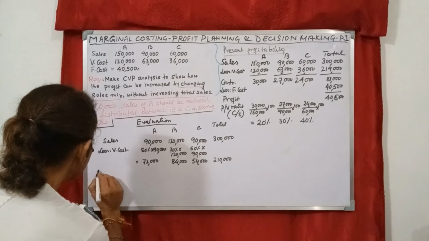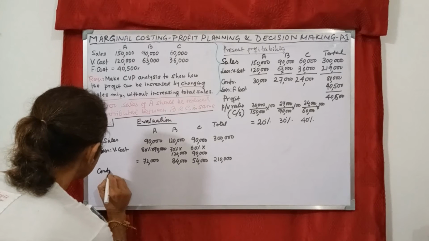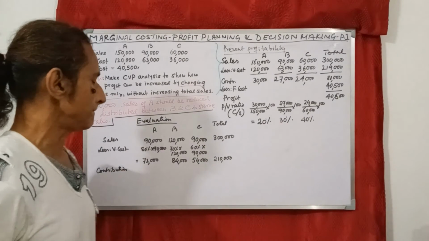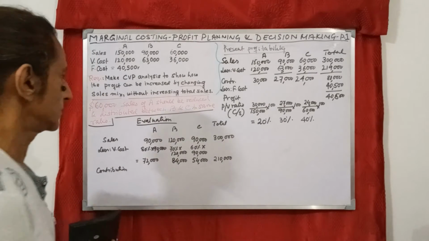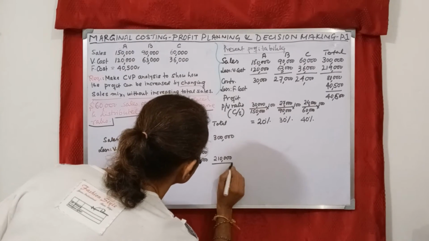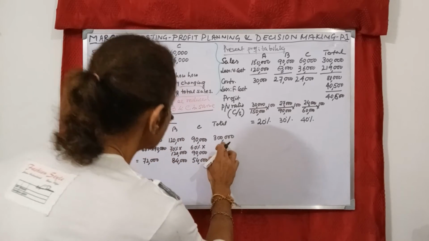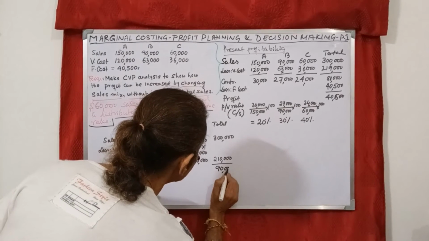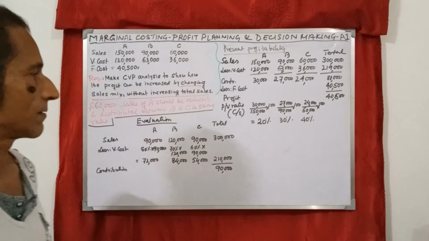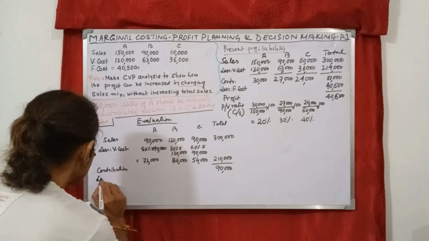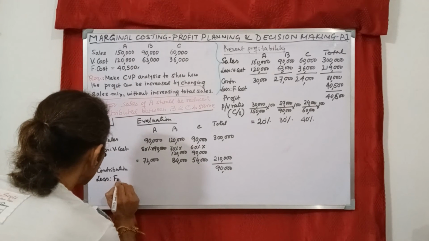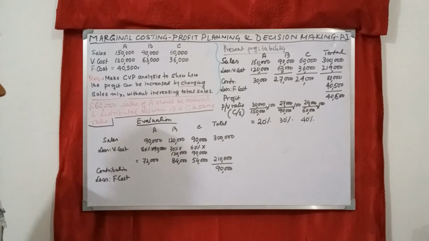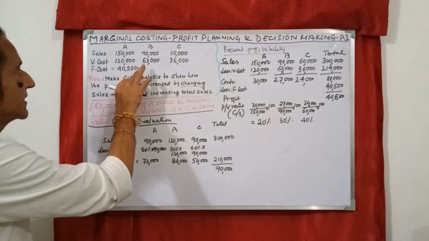So what is the contribution? $300,000 minus 210,000, that is 90,000, less fixed cost. How much is fixed cost? 40,500. It is not changing.